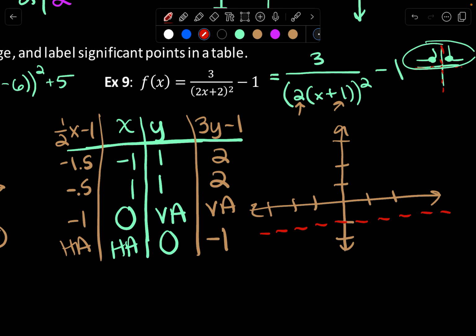Vertical asymptote is at -1. Key points are at (-1.5, 2). Whoops, use a different color. And (-0.5, 2). And then from here, it's going to go upwards.